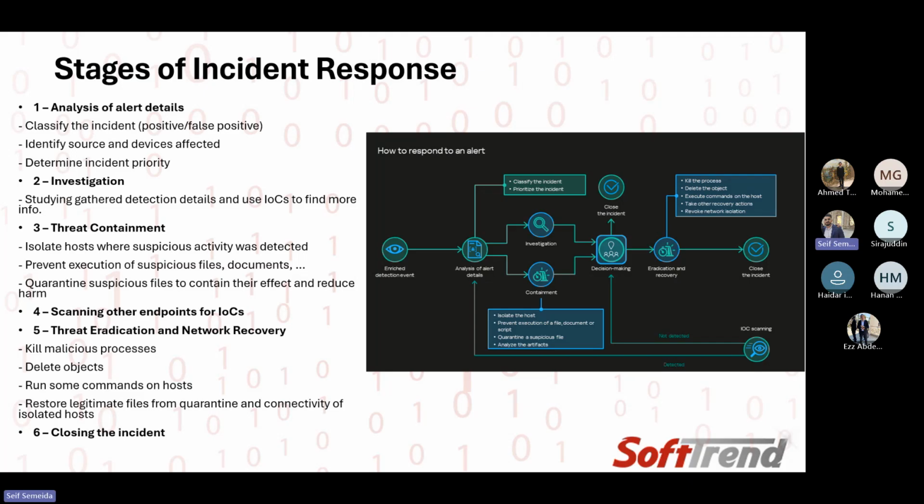And we finally restore the files back to their legitimate edition without the attackers' edits, and we remove them from quarantine, and we remove the isolated hosts from their isolation and back to the network after guaranteeing that they have been purified from the attacker's malicious code. And finally, after checking that everything is safe and the network is back running as it should be, we close the incident.